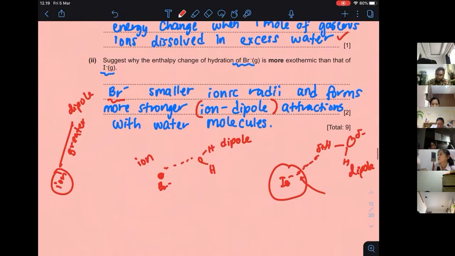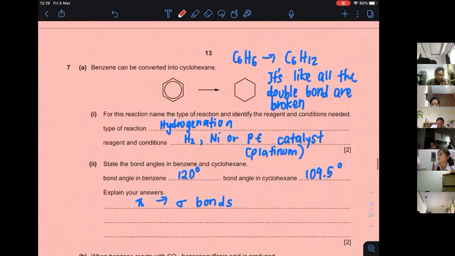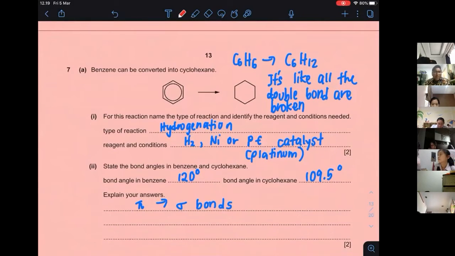Now if you move on to number 7, benzene can be converted into cyclohexane. So I wrote down, this is benzene and this is cyclohexane. It looks like all the double bonds are broken. When we learned about benzene, we didn't learn about this, but we have learned this under the reaction of alkene.